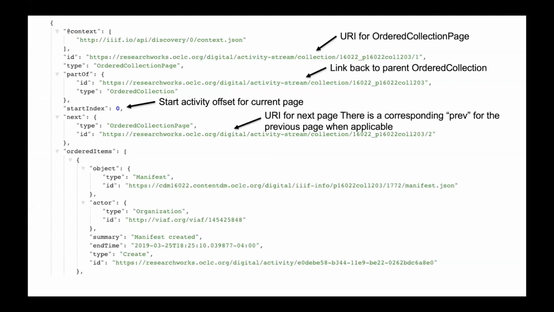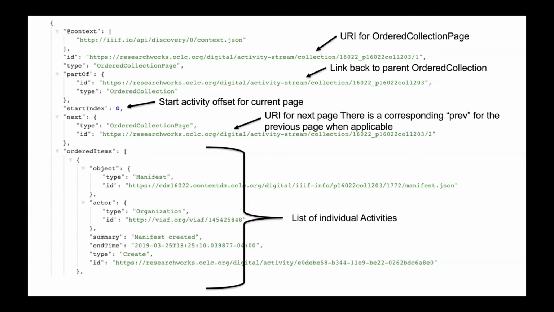So if we were actually crawling this, we would have started on page 8. There would have been no next because page 8 is the last page, but instead there would have been a prev value here that would have linked the crawler back to page 7 of the stream.